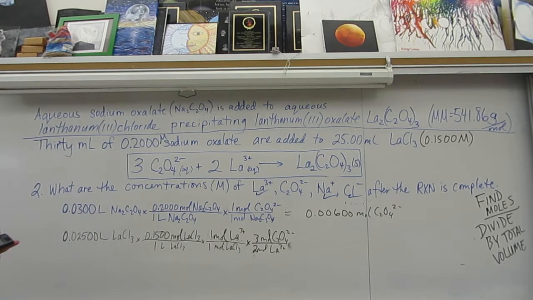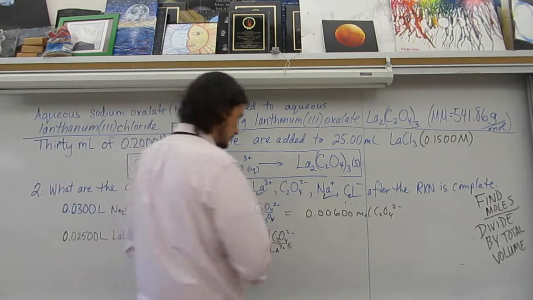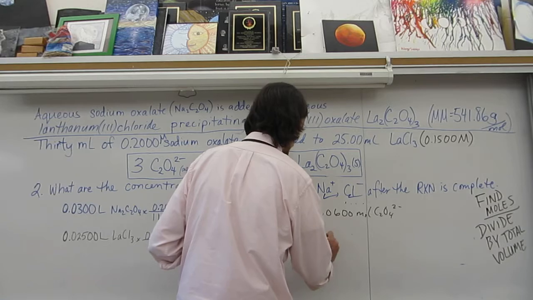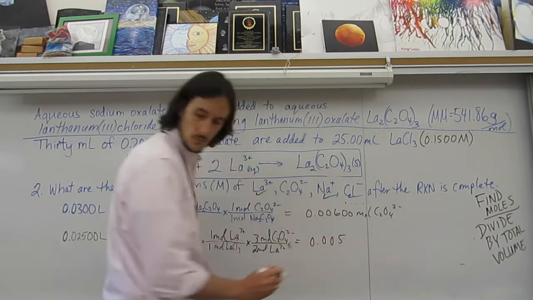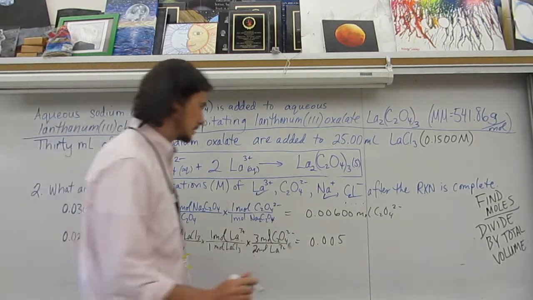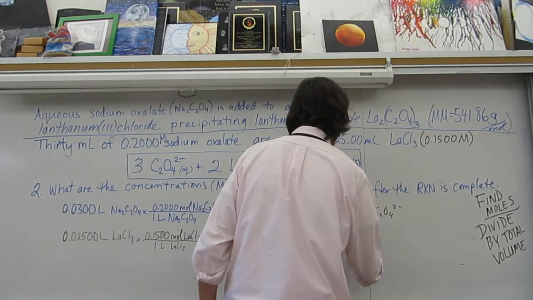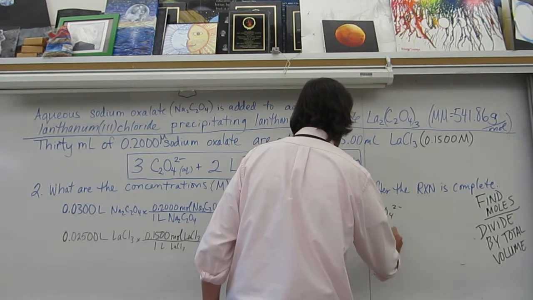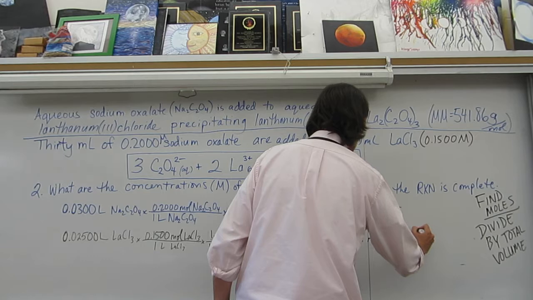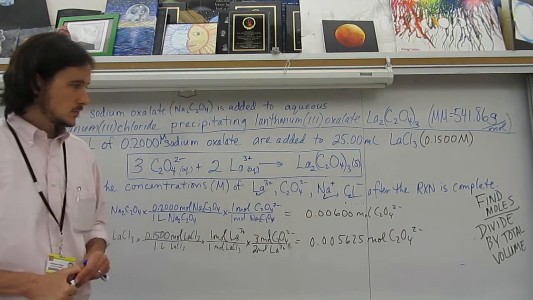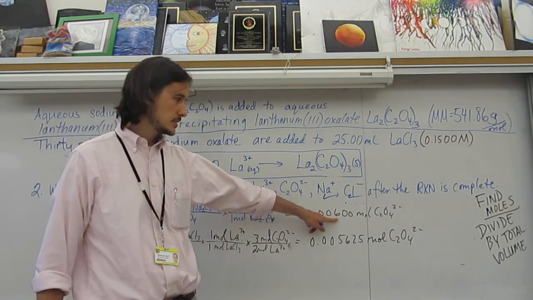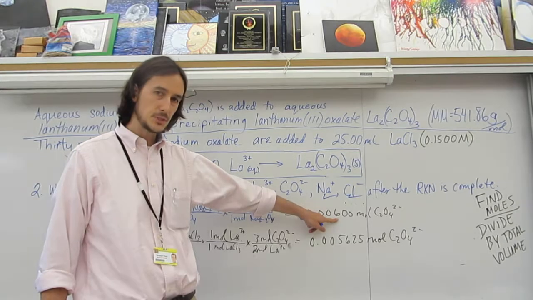Next one. So we have 0.00600 moles of oxalate initially.